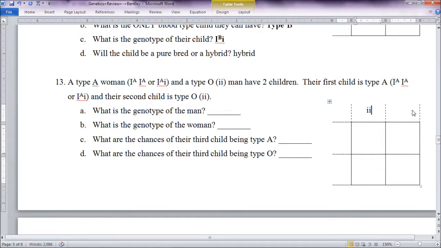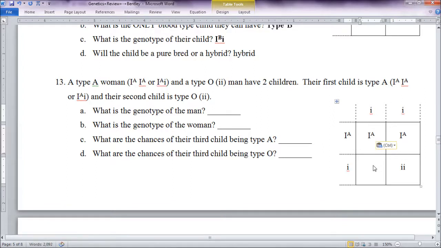So we know that one of the children got an i, the second child got 2 i's, which means both parents had to have had an i. While the other child got type A, which means they must have gotten it from their mom.